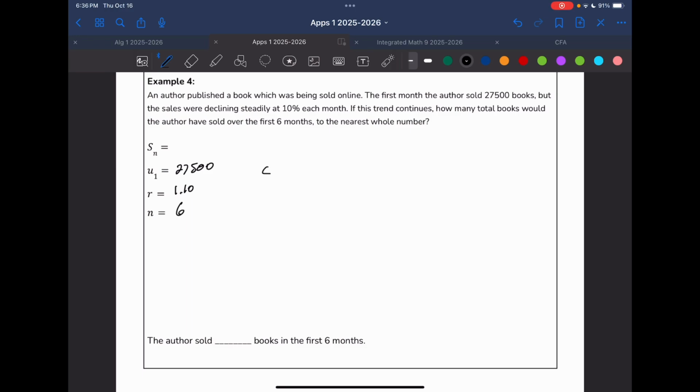So that means S6 is equal to 27,500 times 1.10 to the 6th minus 1 over 1.10 minus 1.